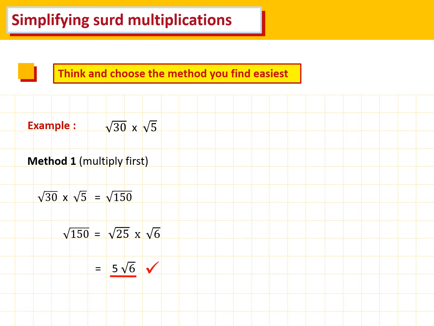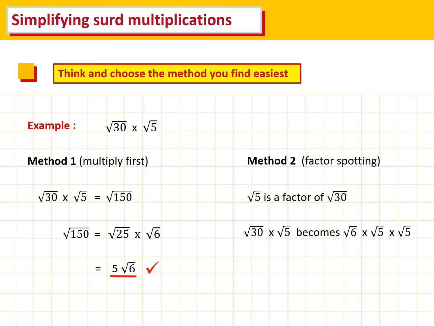A second method of doing this, and you can choose which method you wish, is factor spotting, and that means spotting that in root 30 we have root 5. 5 is a factor of 30, so we can rewrite root 30 in terms of root 5 times root 6.